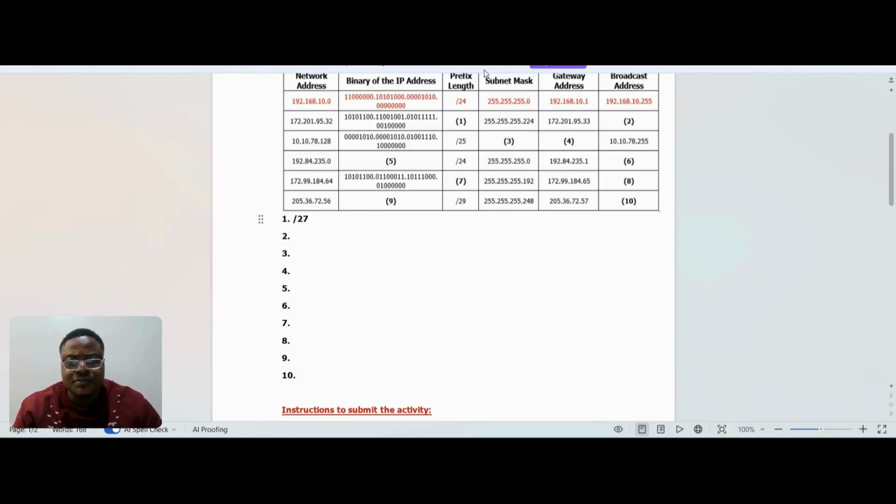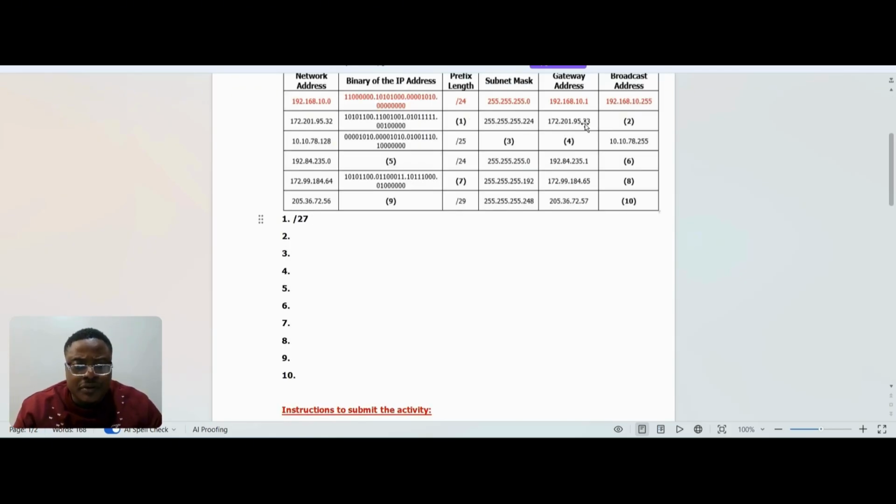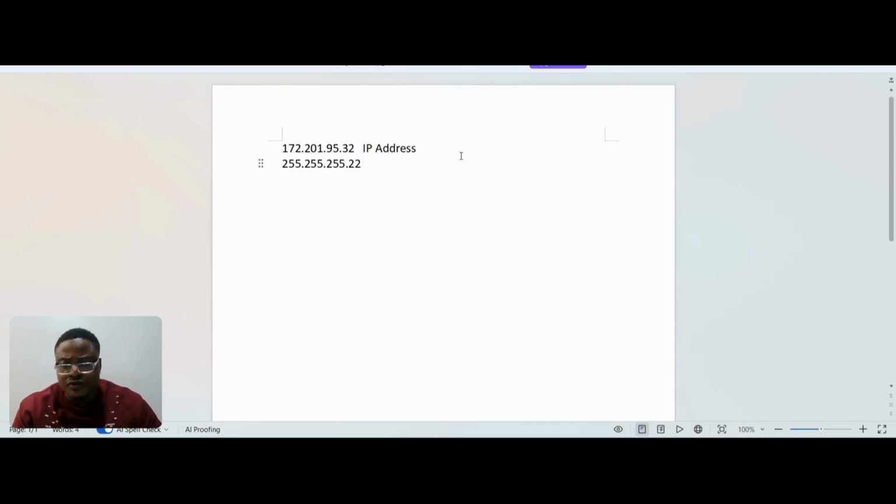So the subnet mask is 255.255.255.224. So this is the subnet mask.